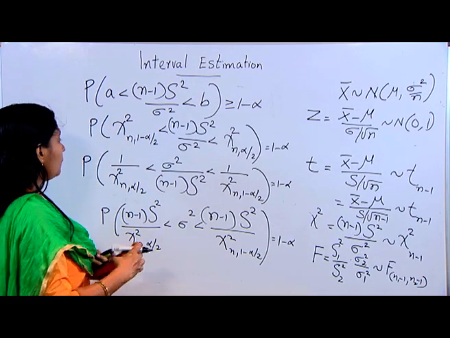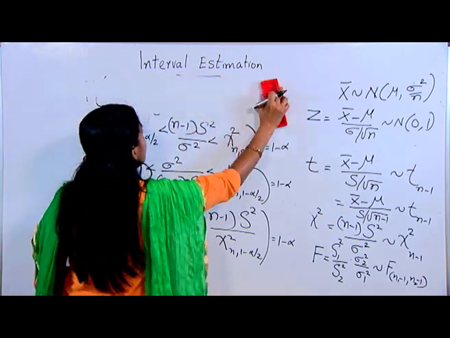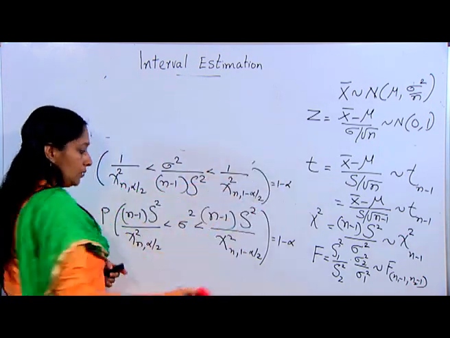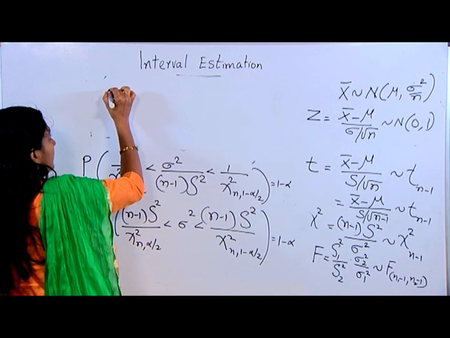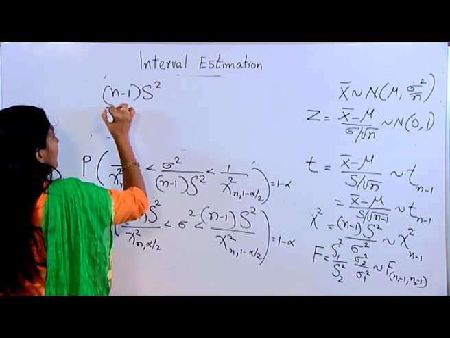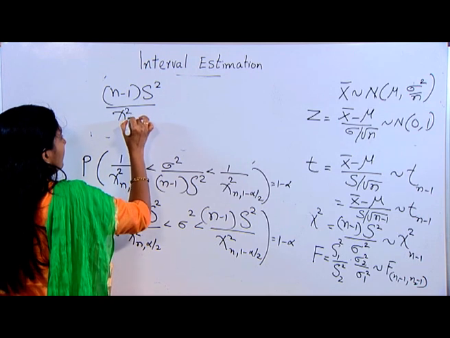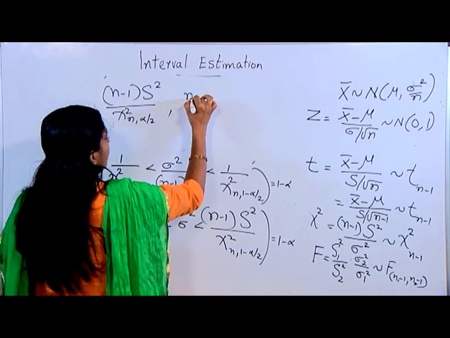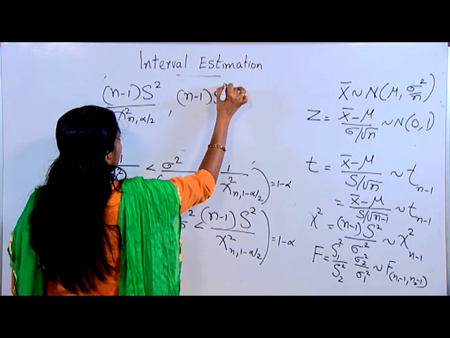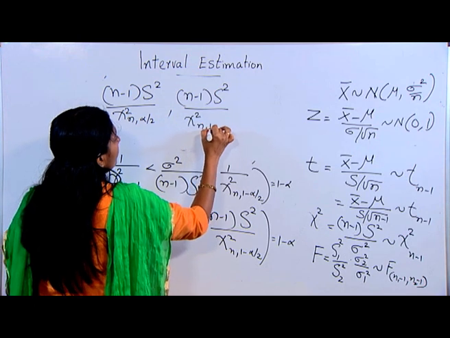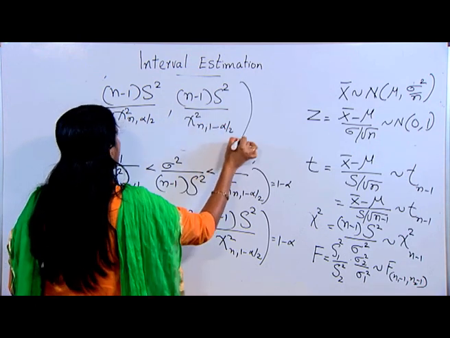And hence the confidence interval for sigma square when mu is known is n minus 1 s square divided by chi-square n, alpha by 2, and n minus 1 s square divided by chi-square n, 1 minus alpha by 2.